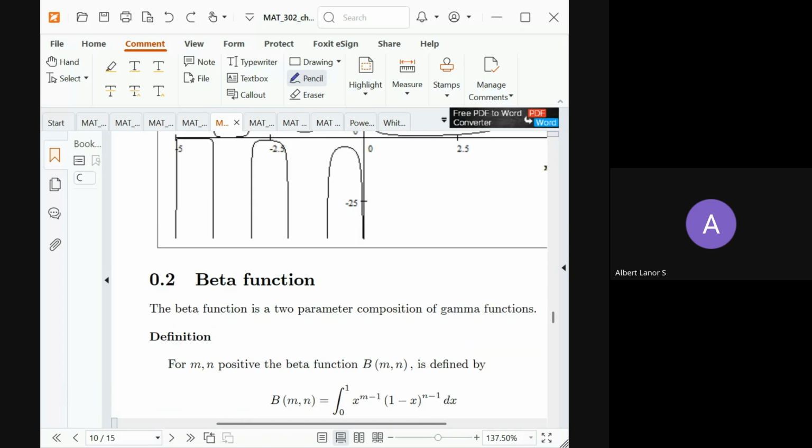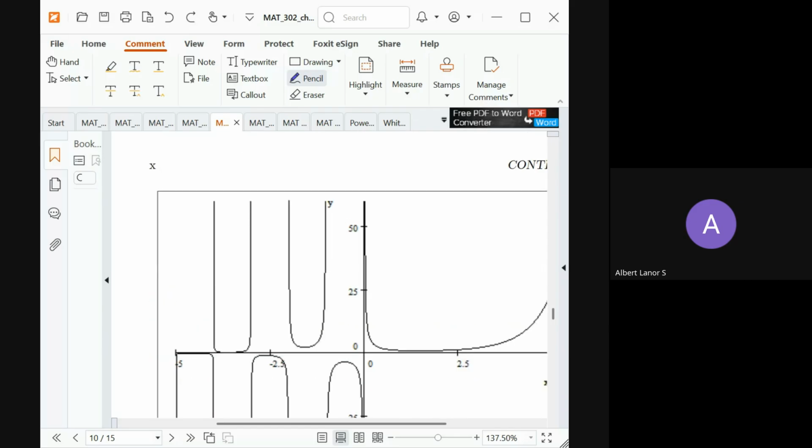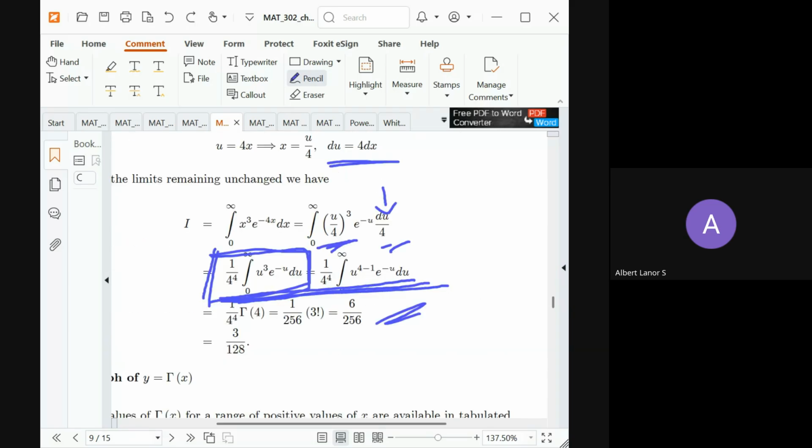But you should be able to write it in a standard form. Then you should be able to pull out your gamma function and evaluate it. So we'll be able to evaluate the gamma function for positive integers, and for the halves or the integers.